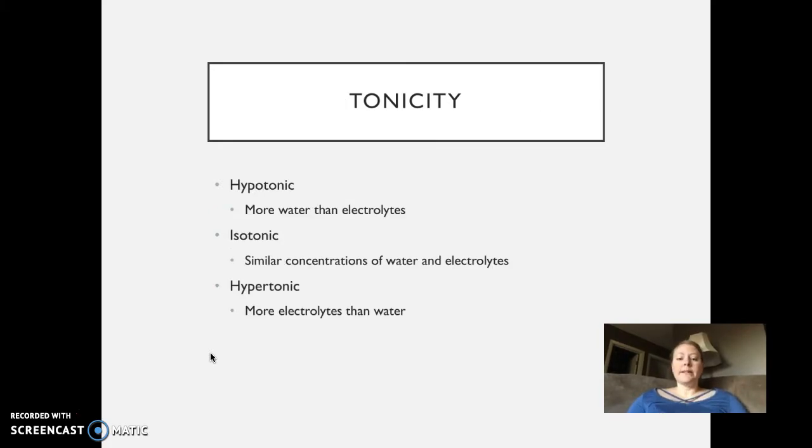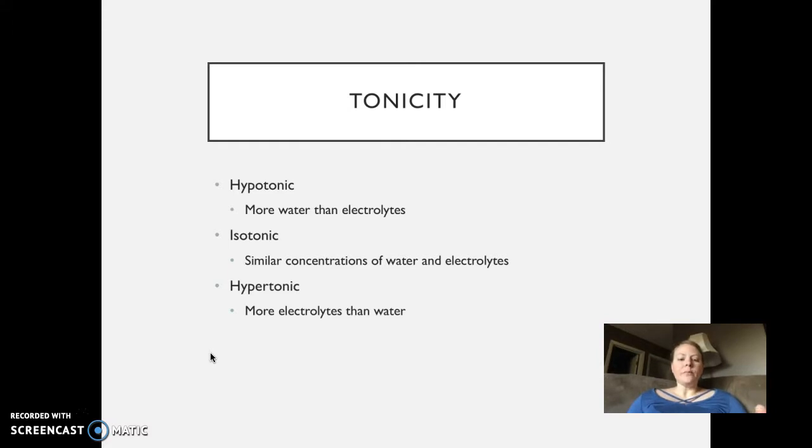Our three different tonicities that we have available are hypotonic, isotonic, and hypertonic. Hypotonic means there is more water than electrolytes. Again, this is against blood plasma. So we have more water than we do electrolytes. So the inside of the body of the patient basically has more electrolytes than water, and we want to correct that.